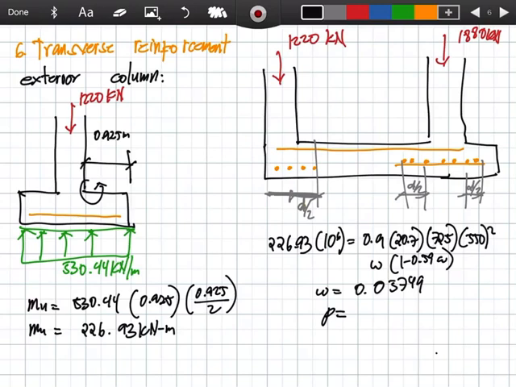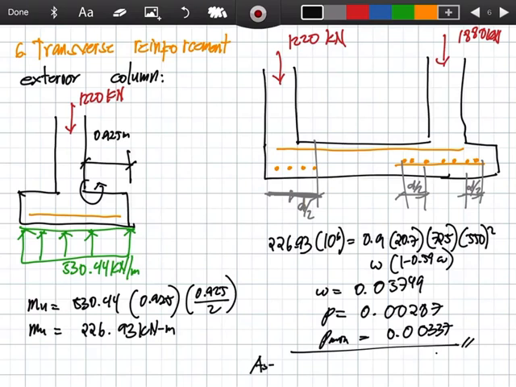At ang ating rho ay, ano ang ating rho? Omega times 20.7 divide it by 415. It is 0.0287. Ang rho mean ay 0.00337. So, use rho mean. So, if you're going to use rho mean, AS is equal to, next page na lang tayo.